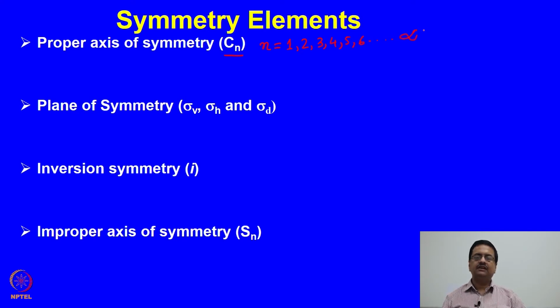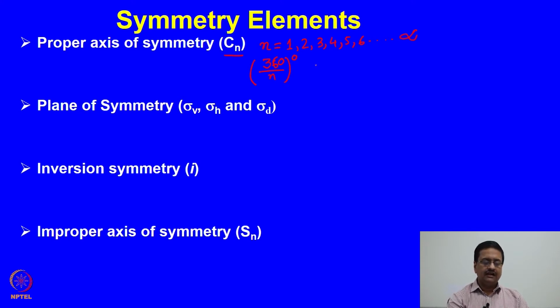That means it can be any integral value from 1 to infinity, and it means that if you apply this n-fold rotational axis of symmetry, the molecule remains unaltered. That means, if you rotate the molecule about this axis by 360 divided by n degrees, then you will get the same molecule back.